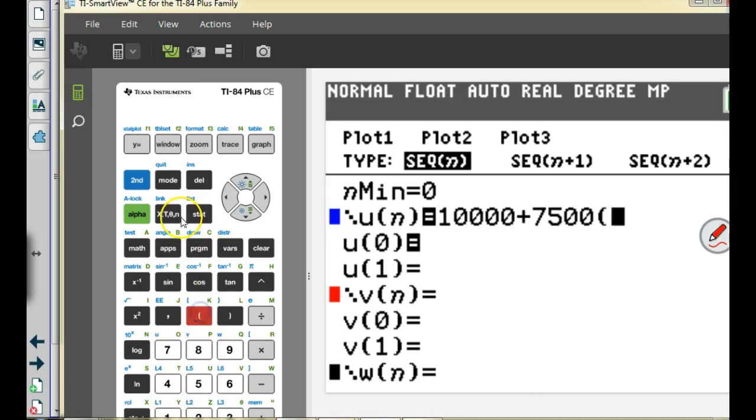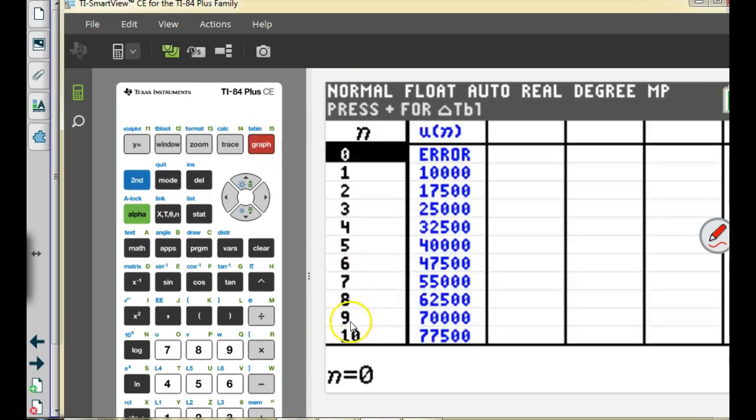But the formula was n minus 1. So you could put it in as an explicit formula, and then you don't need to enter anything. It doesn't matter if you're talking about term 1 or term 0. I can change this to a 1, but it isn't going to matter because I'm not going to enter anything anyway. But now if I go to the table and I wanted to know what they made the 10th year, I'd get this 77,500. Is that what we got?